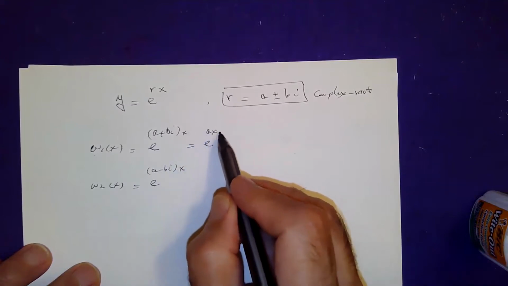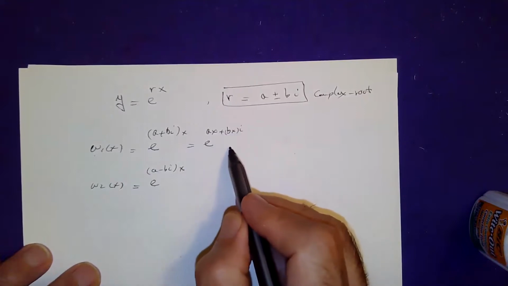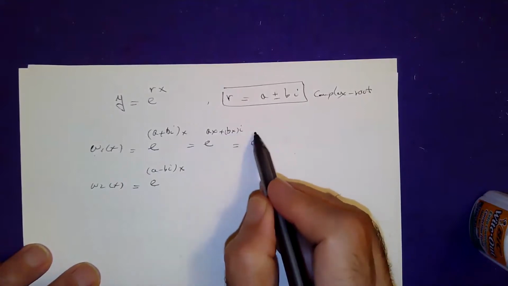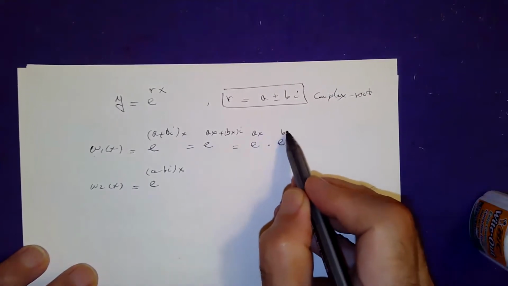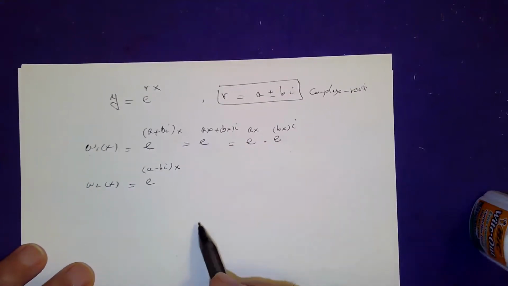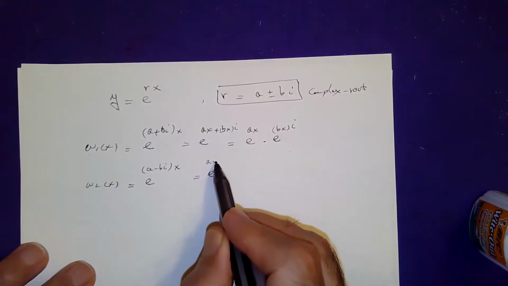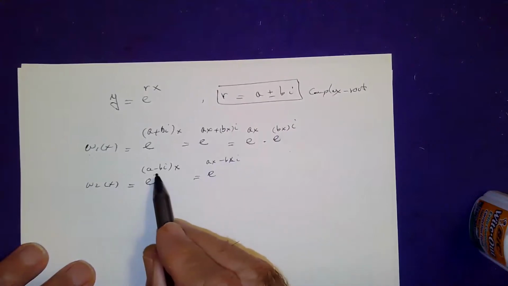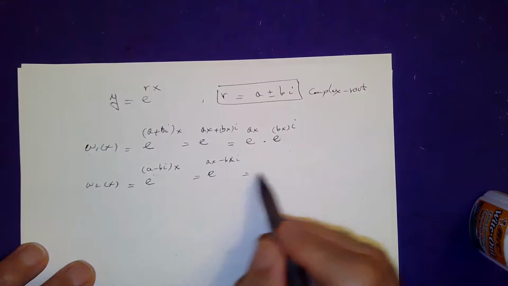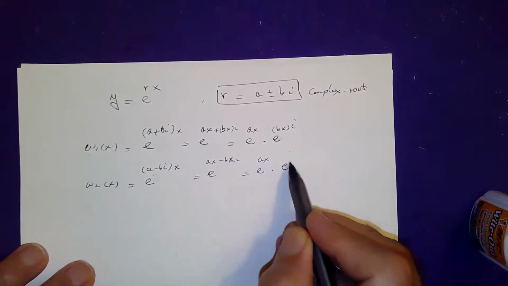So this is going to be ax plus bxi, which I'm going to split and write as e to the ax times e to the bxi. Similarly, I'm going to have e to the ax minus bxi because there is a minus. Then I'm going to split this and write it as e to the ax times e to the minus bxi.